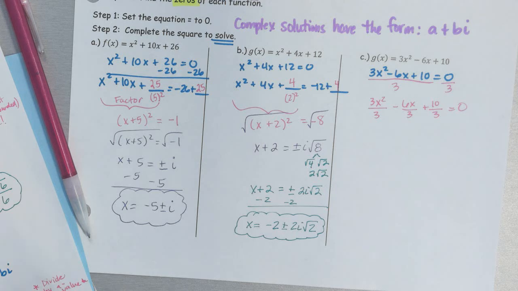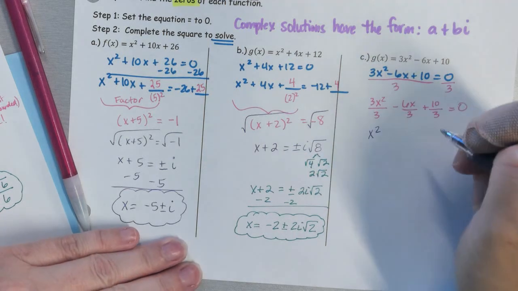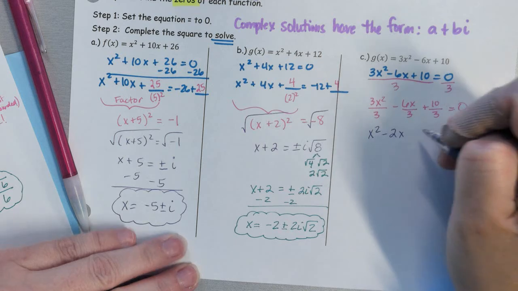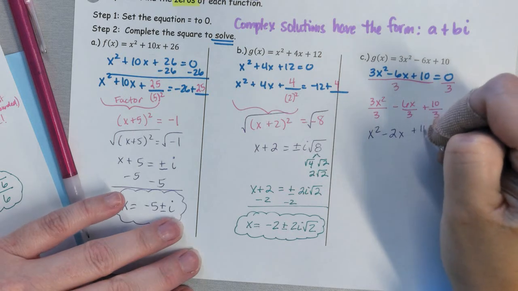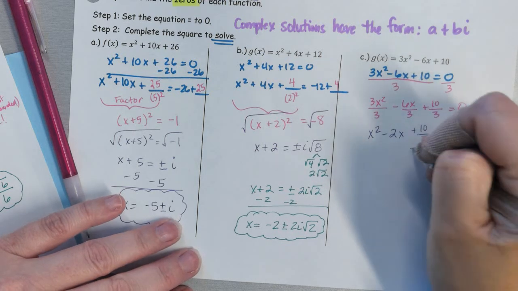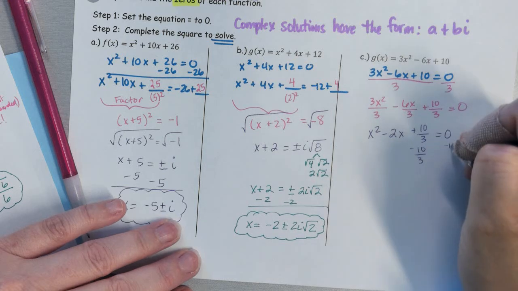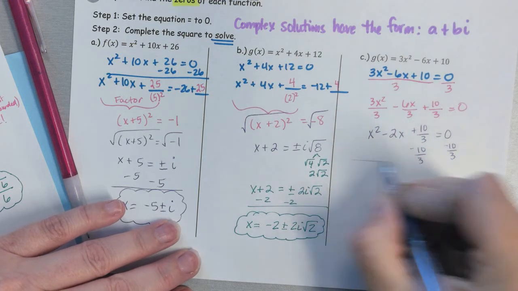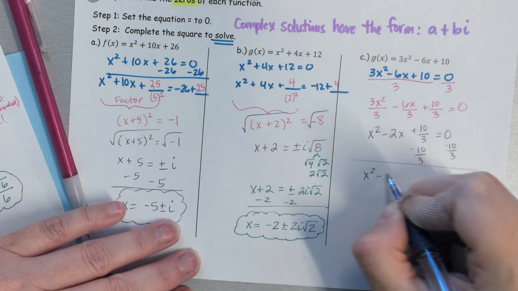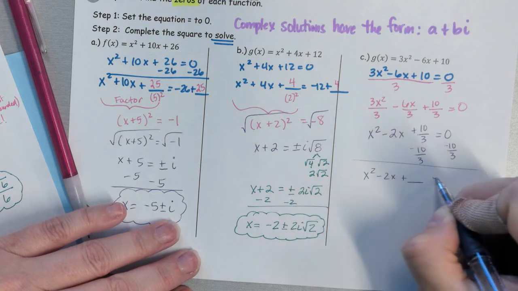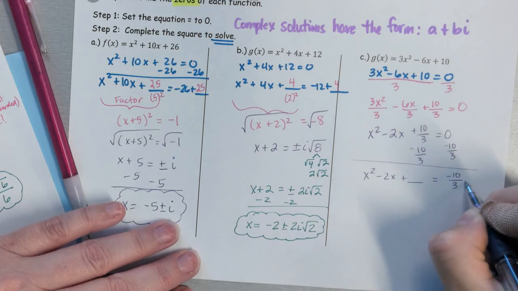Alright, so let's make sure we got the correct thing here. So x squared minus 2x plus 10 over 3. So then we subtract. So now I have x squared minus 2x plus blank equals negative 10 thirds plus blank.